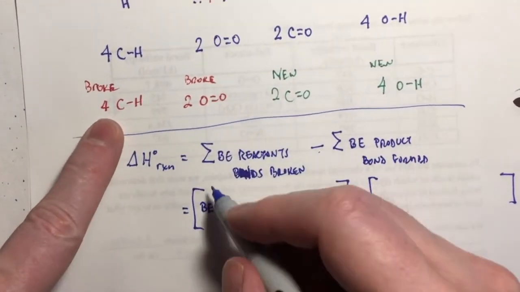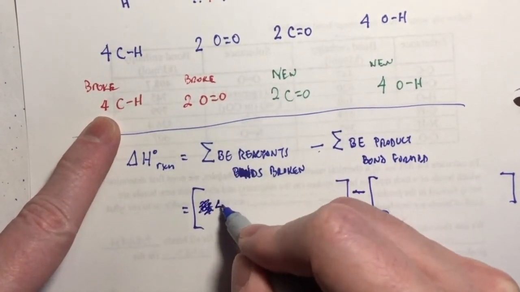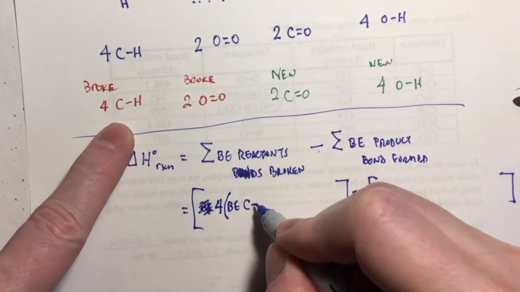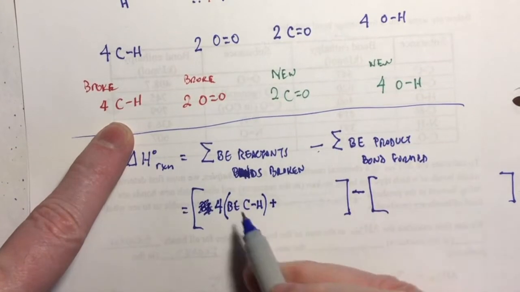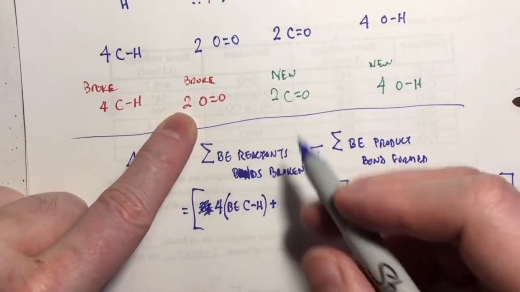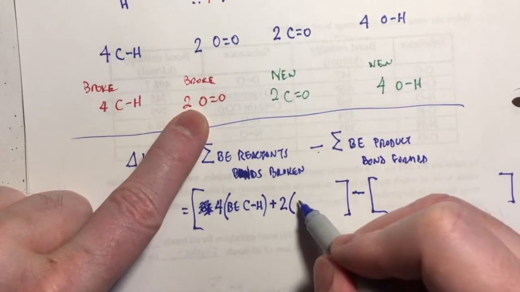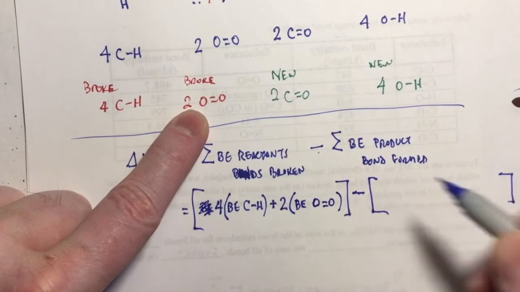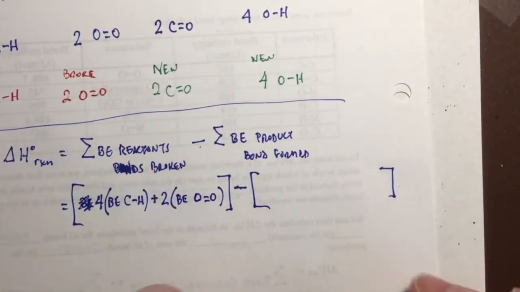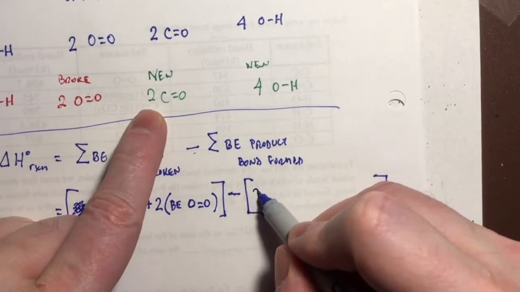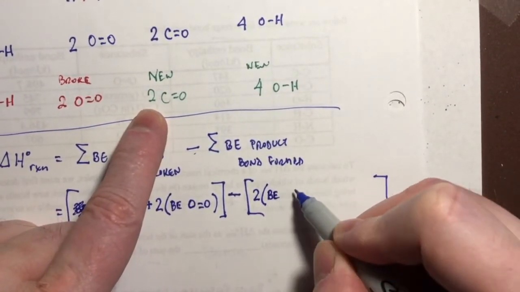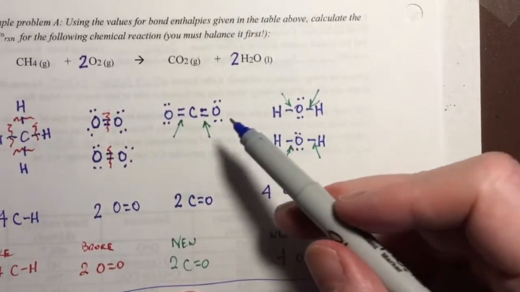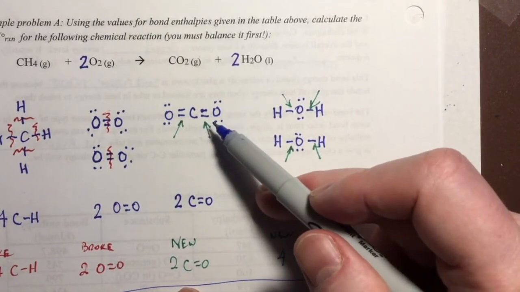Actually, let me say 4 times, because I need 4 of them, don't I? 4 times the bond enthalpy for the CH single bond plus, remember the sum of the reactants, 2 of the bond enthalpies for the oxygen-oxygen double bond. On the product side, I have 2 of the bond enthalpies for the carbon-oxygen. And notice specifically, this is that special case in CO2.